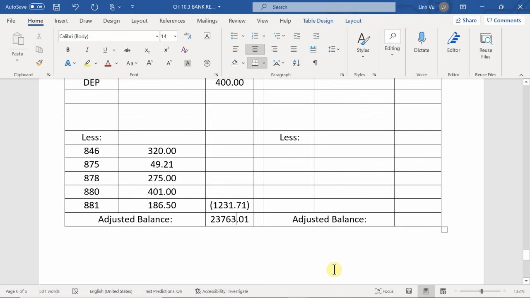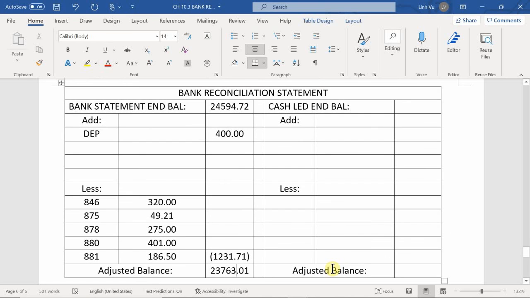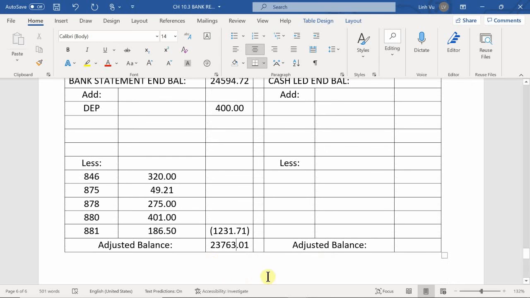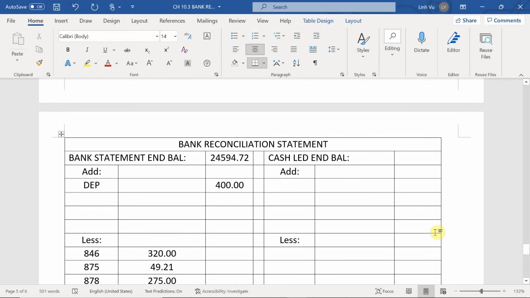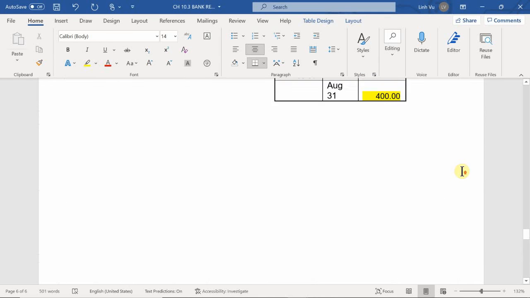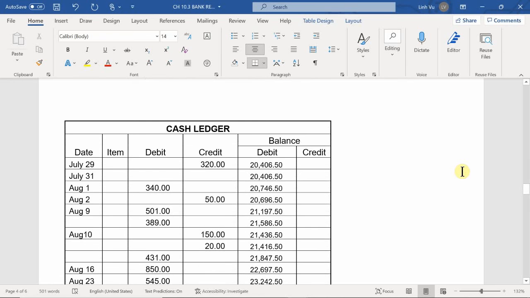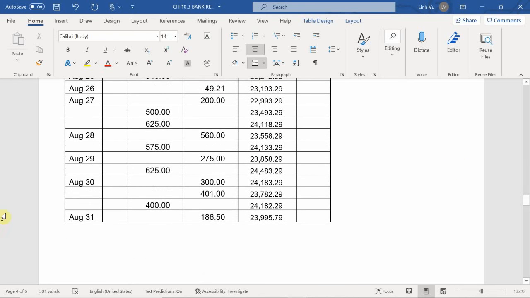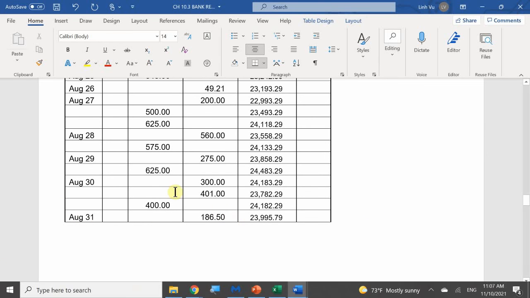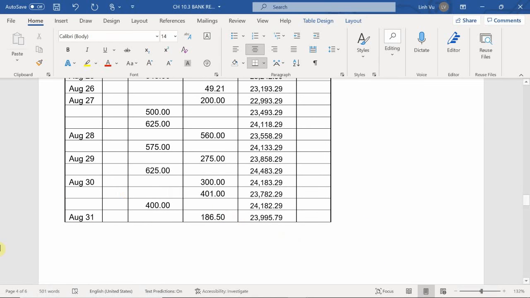We still have to keep going and check to see if our cash matches on our end. Let's find out what the ending balance in our cash ledger is. Here's our cash ledger. It tells us that on August 31st, we should have a grand total cash in our account of this much.